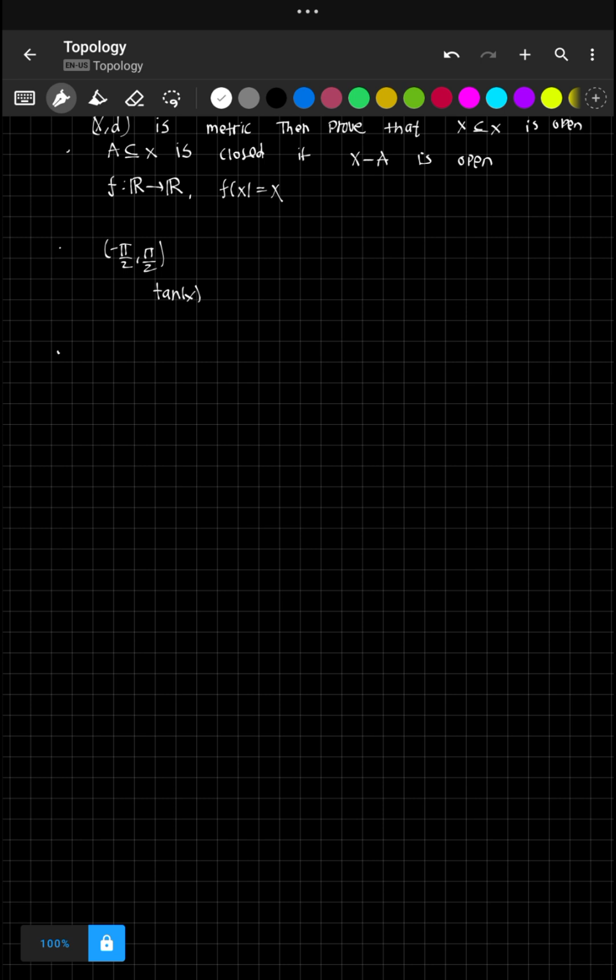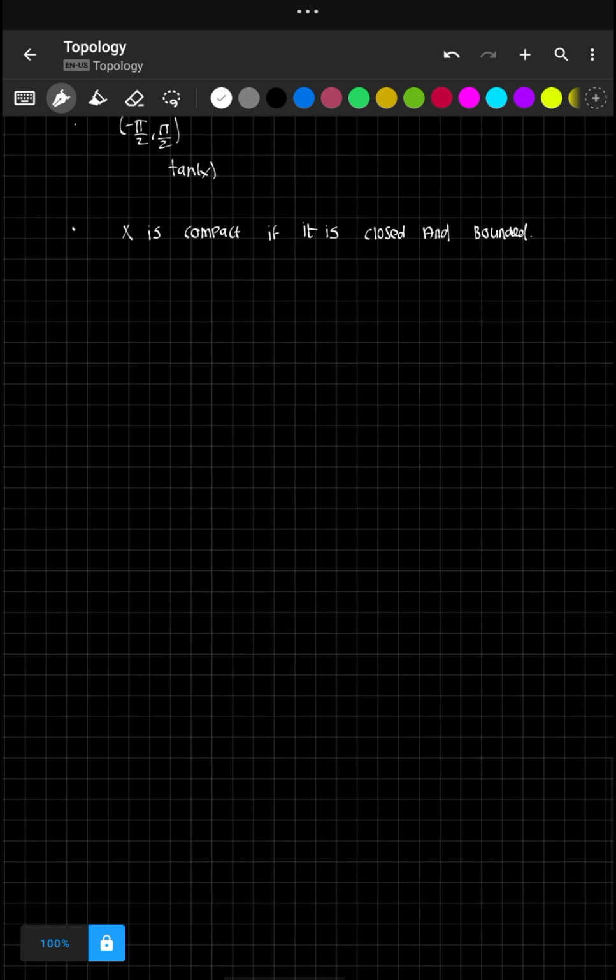Basically in Rn, by compactness we mean that a set X is compact if it is closed and bounded. And I think I have not defined what I mean by bounded.